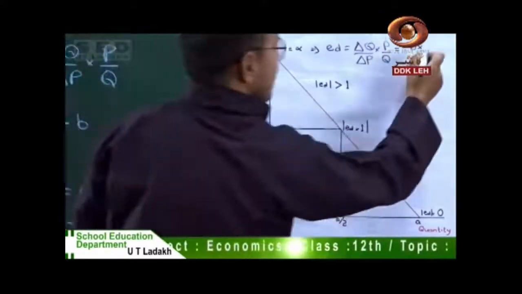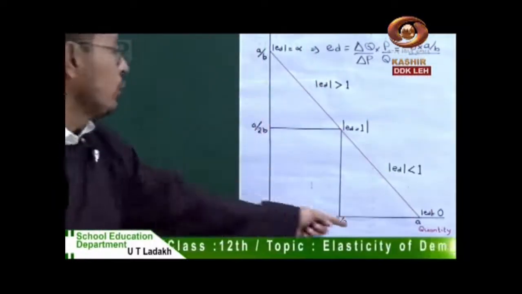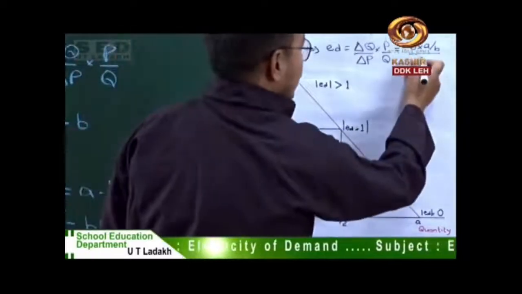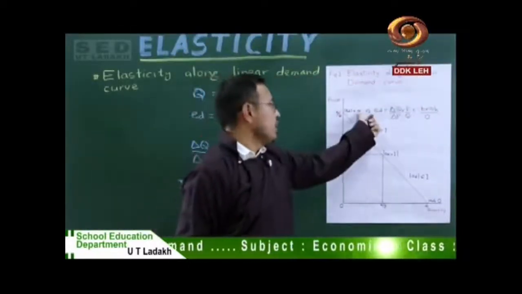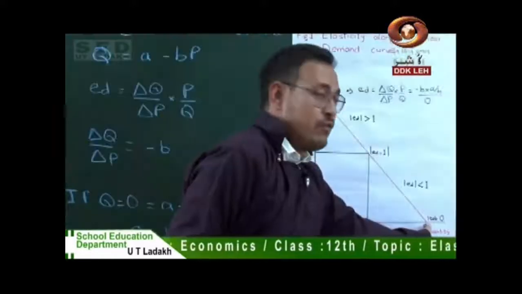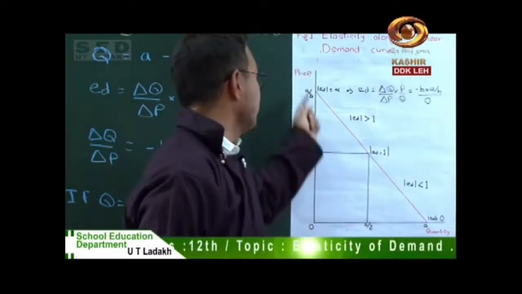P is equal to A divided by B. And what is the value of your Q? Q is here 0. So we know that any number divided by 0 will be infinite. So that's why we have the value infinite over here. Now similarly, if we look over here, what is the value? Your P is here 0.